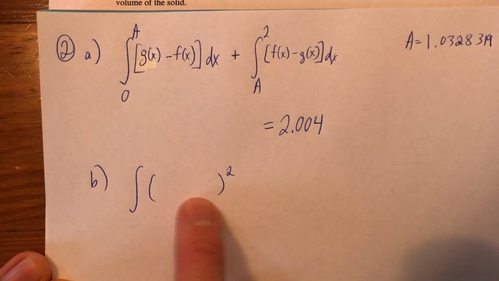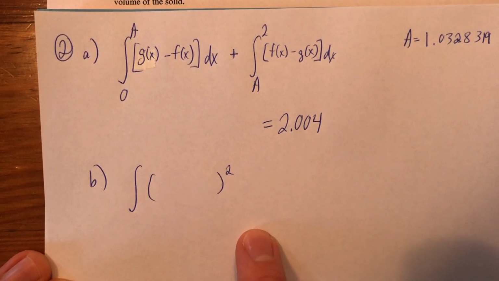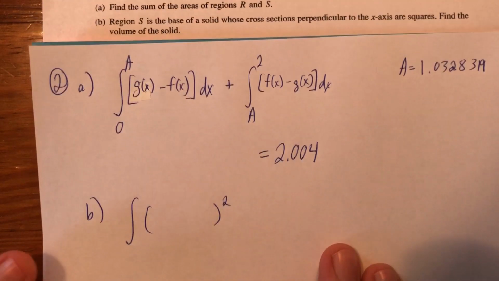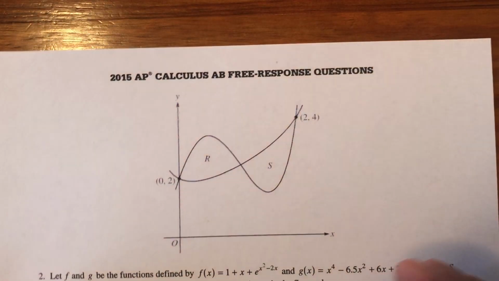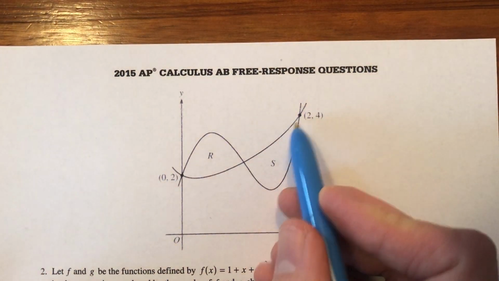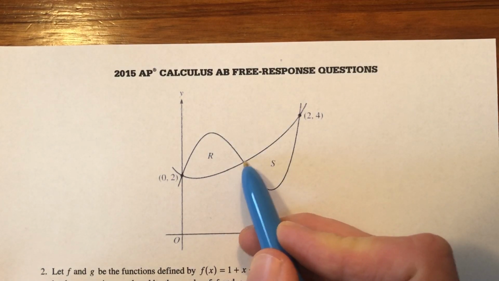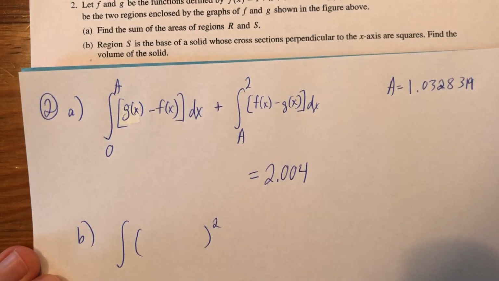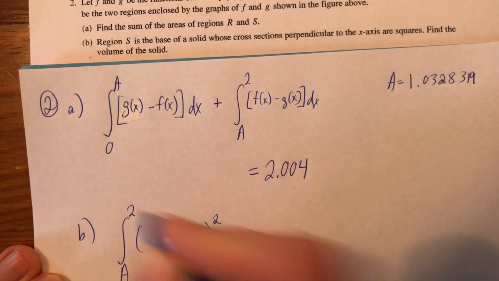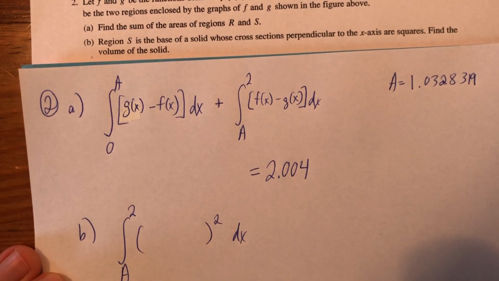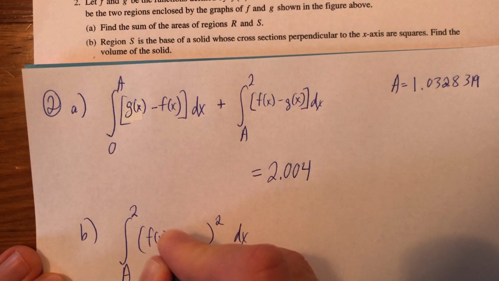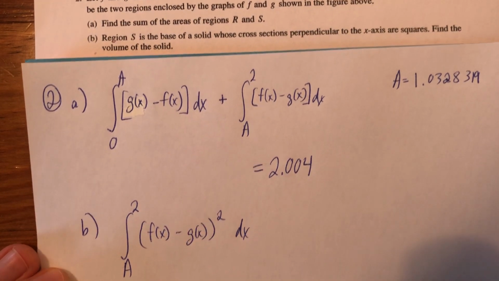What's about to happen here is, this is the formula for the area of a square. The formula for the area of a square is going to go from here to here. That's A, capital A, to 2, dx here. And then the top one was F for that region. The bottom one was G. So here's what just happened.